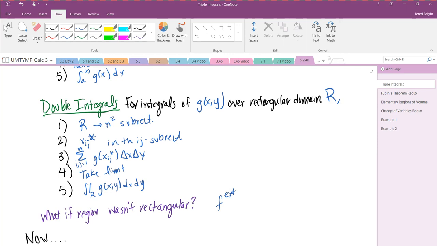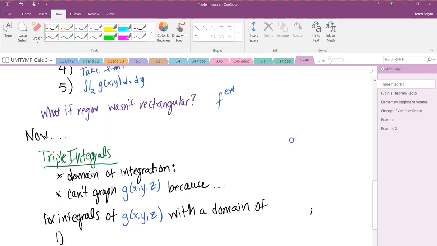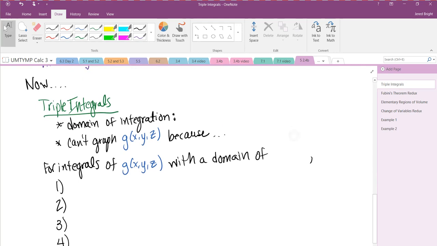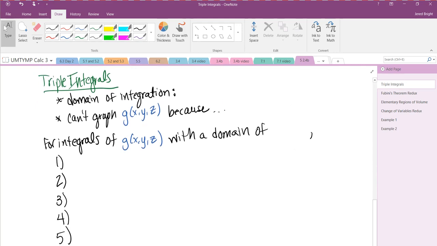Alright, so then I want to ask the question, well, we've done single variable integrals, we've done double integrals, what about triple integrals? The story's probably pretty similar, but as we think about triple integrals conceptually, our domain of integration, okay, when we had one variable, our region was an interval.